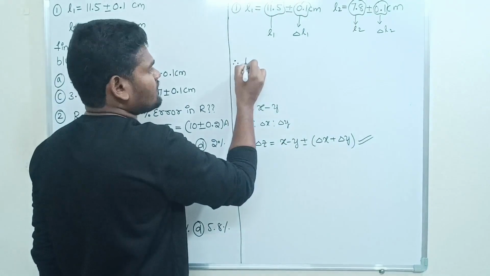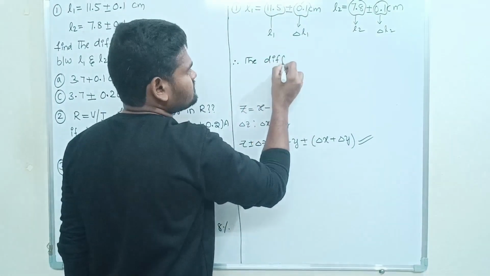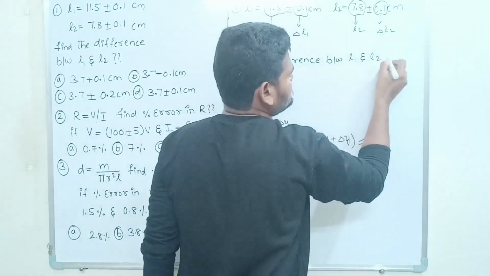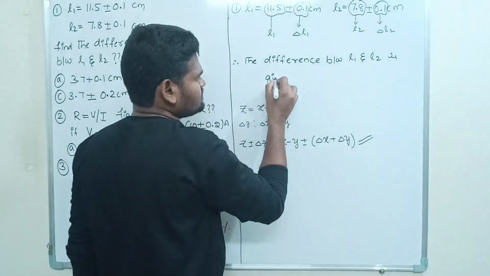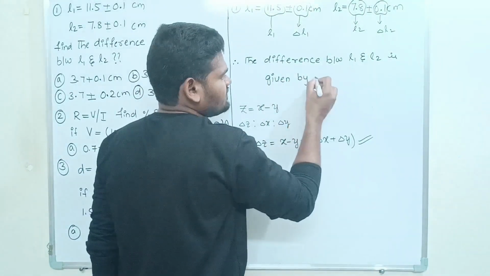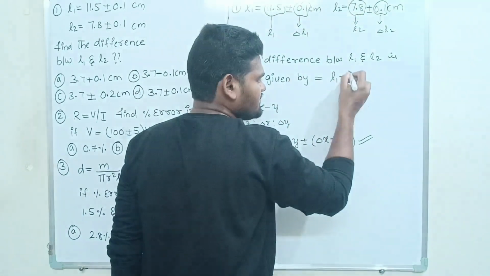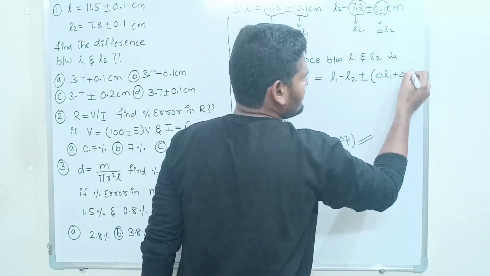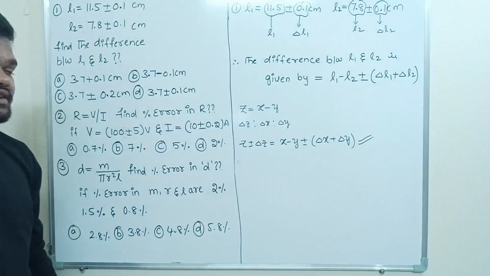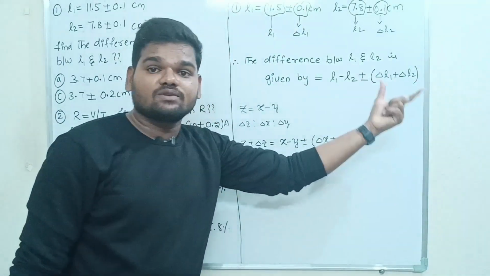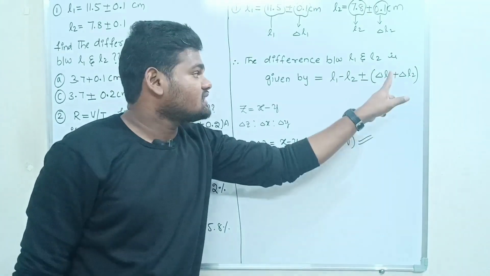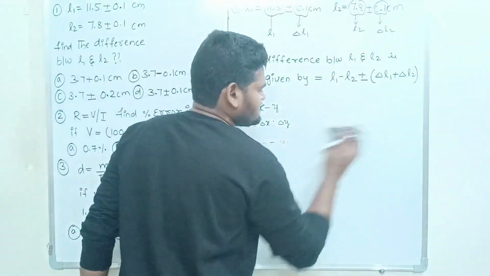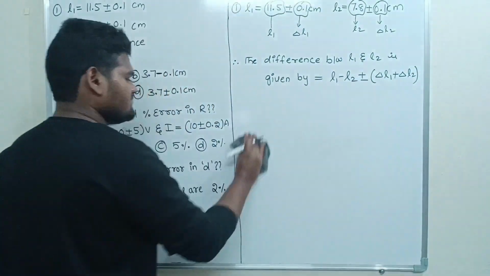Therefore, the difference between L1 and L2 is given by L1 minus L2 plus or minus delta L1 plus delta L2. Why am I taking plus here? We have to get the maximum possible error. That's why I have taken delta L1 plus delta L2. Just substitute the values, then you will get the answer.